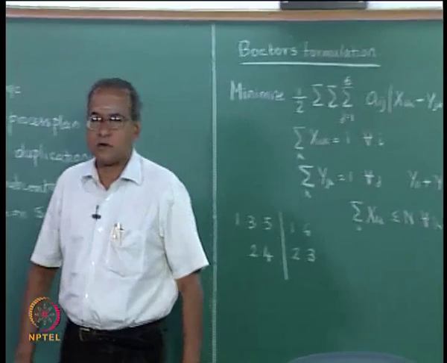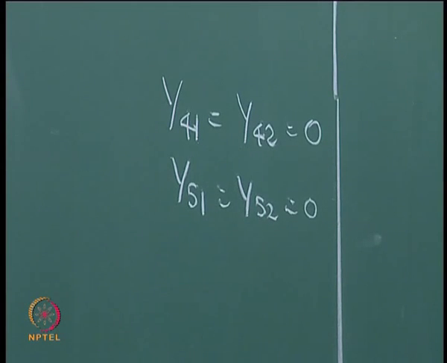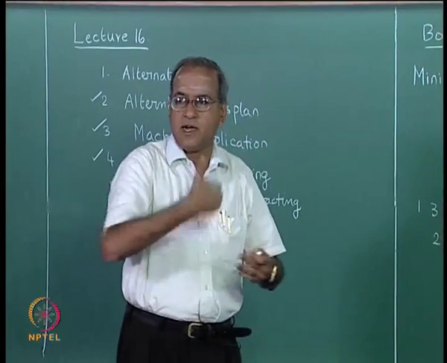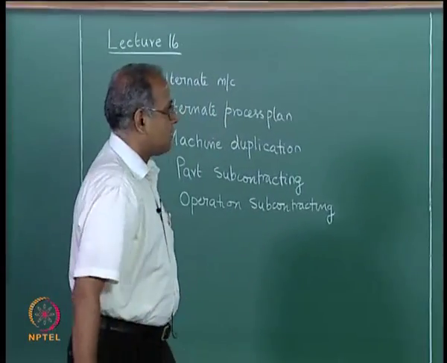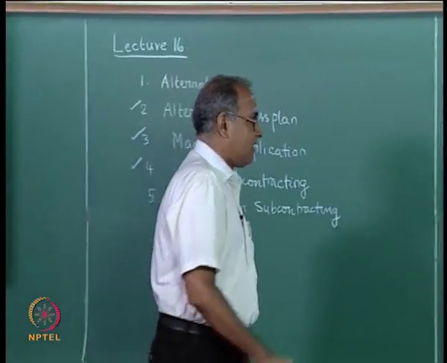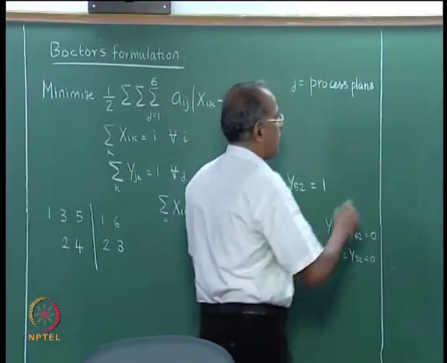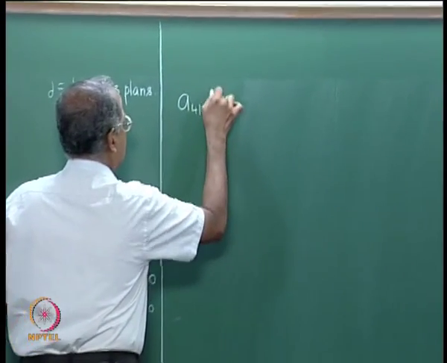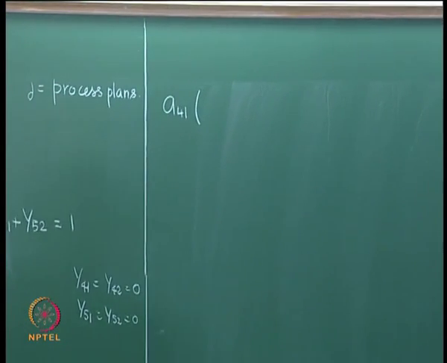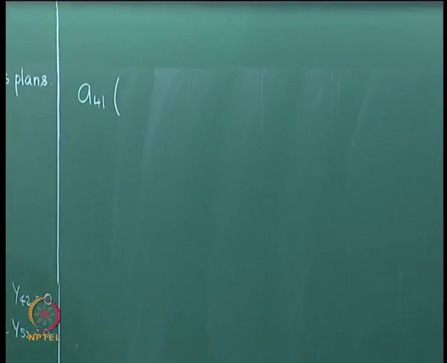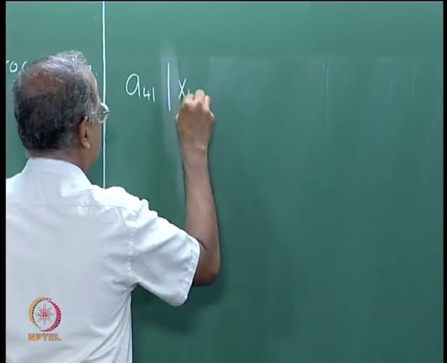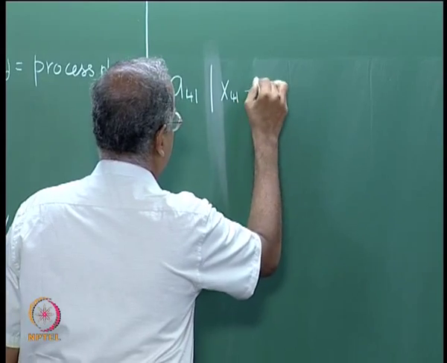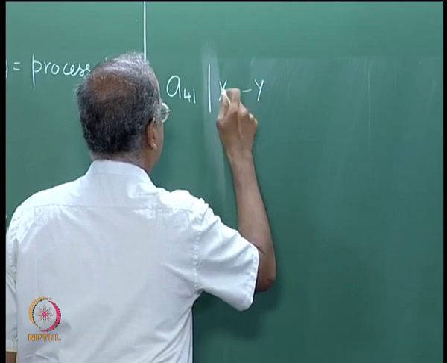So, this will contribute to an intercell move based on the objective function, because the way the objective function will calculate the moves, it will do summation aij absolute value of xik minus yjk. So, somewhere it will look at a term where A14 is 1, A14 into absolute value of x11 minus y41.